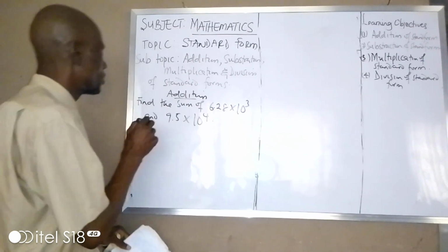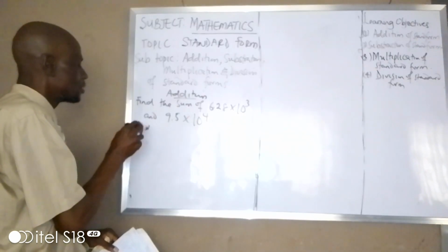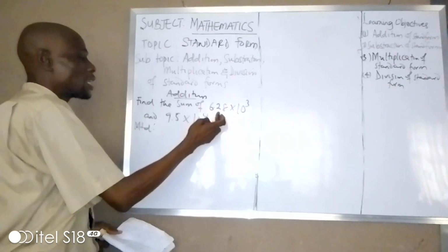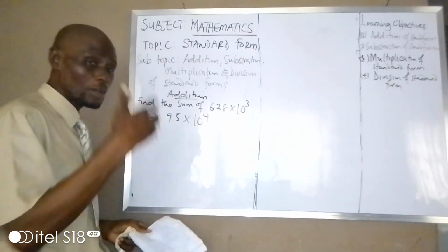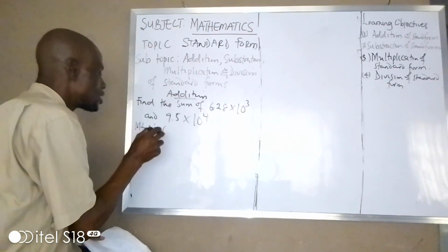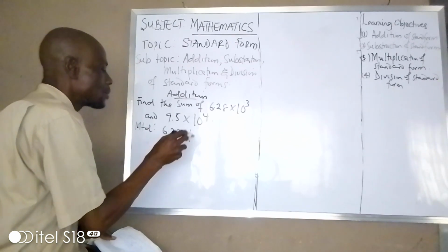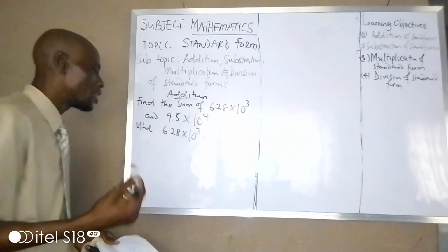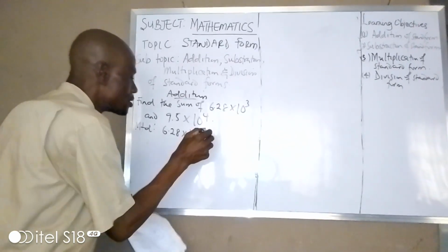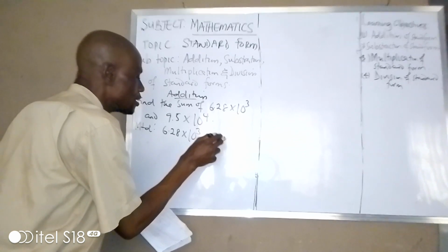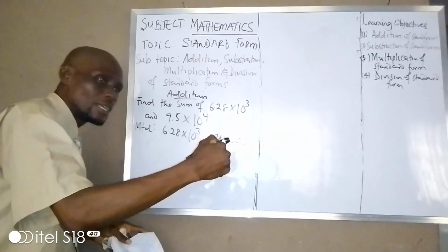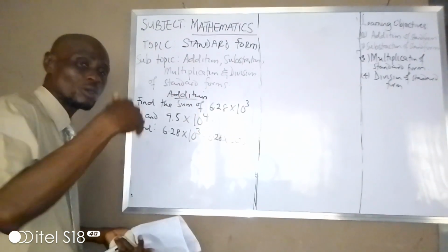We have two methods. Method one, you change your standard form number to ordinary form, like we have done. I've taught you how to do that. So first of all, change your 6.28 times 10 to the power 3 to ordinary form. 6.28 times 1000. 10 raised to the power 3 means 10 times 10 times 10. 10 times 10 is 100.